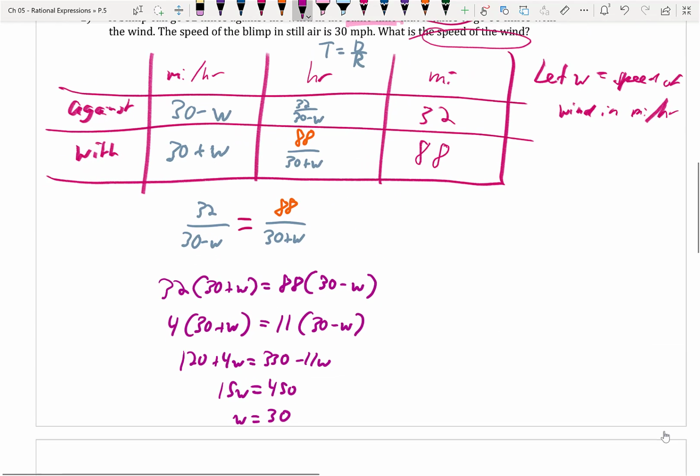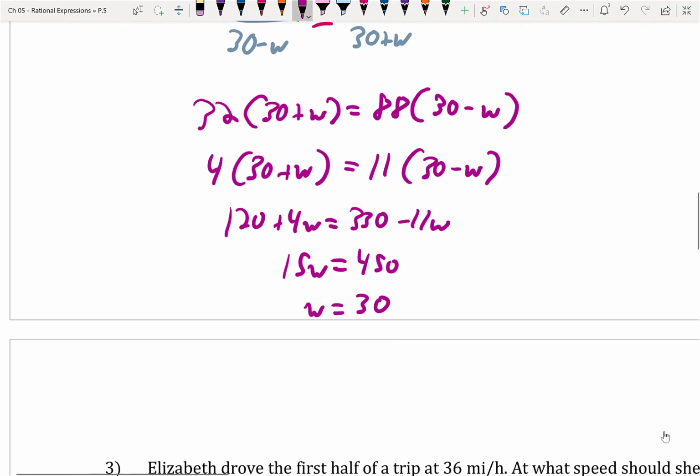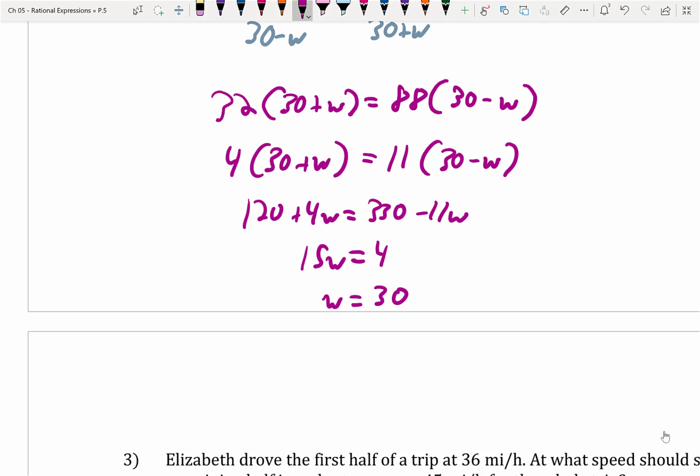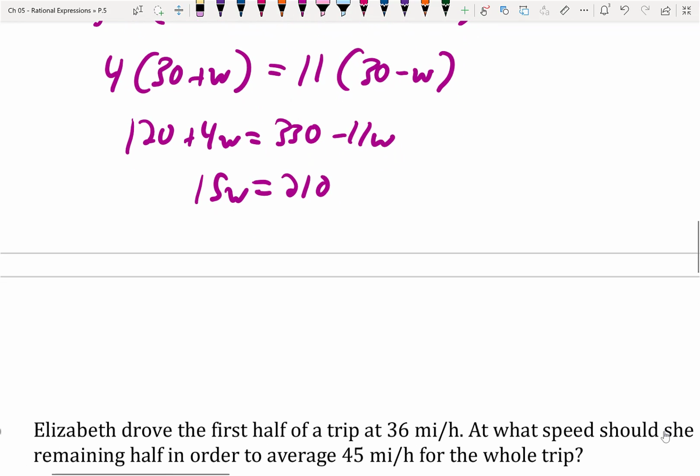Why is it 450? It shouldn't be 450, it should be 210. So if I'm dividing 15 into 210, I'm not going to do it directly. I'm going to divide both by 3 and get 5W is equal to 70, and then W is equal to 14. That makes better sense.